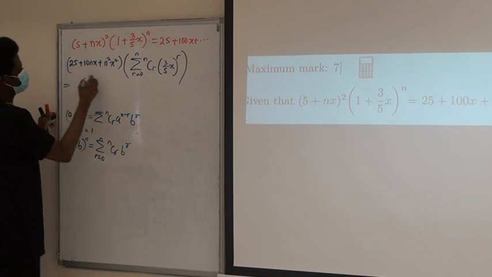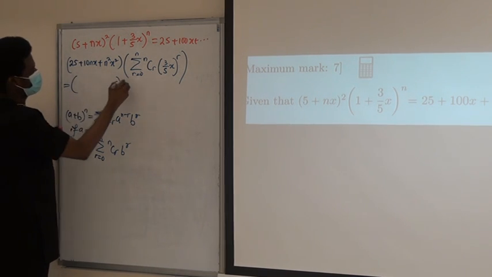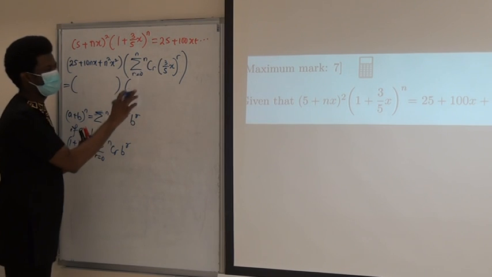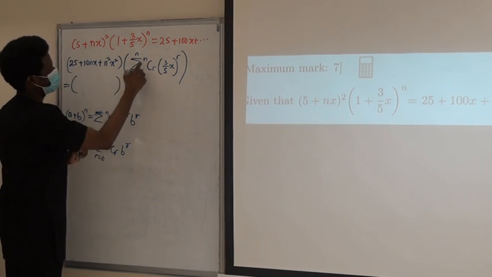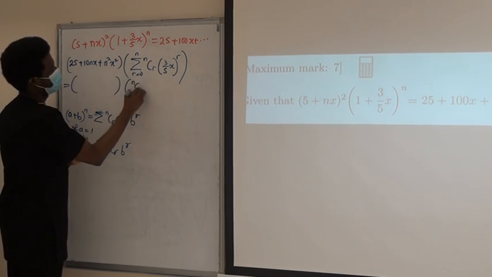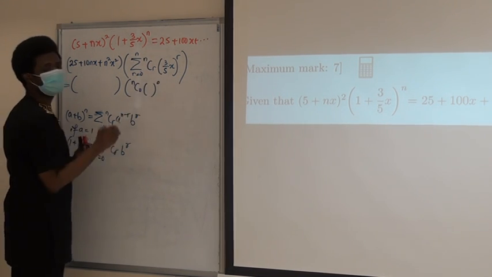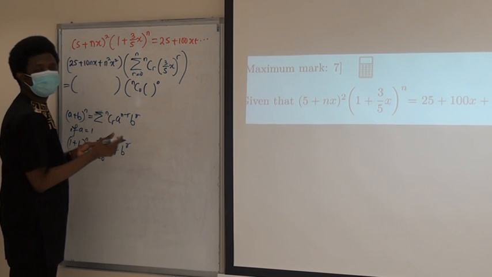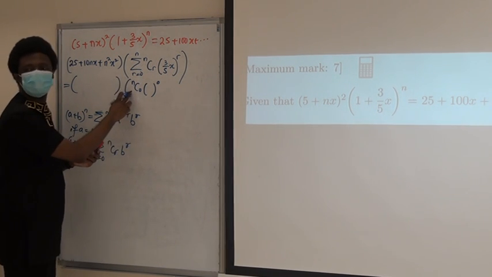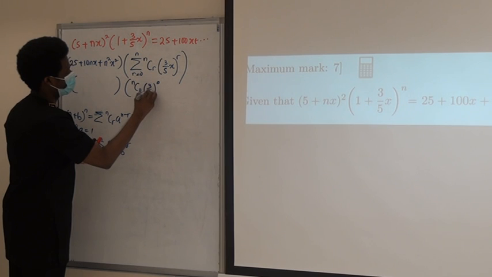Which means whatever this is, this remains the same. Then this is just for the first two. When r is equal to 0, you have n combination 0. When r is equal to 0, this bracket is to power 0 also, right? That's just 1, because anything combination 0 is 1. So this is 3 over 5x.